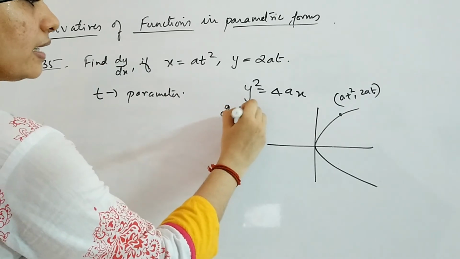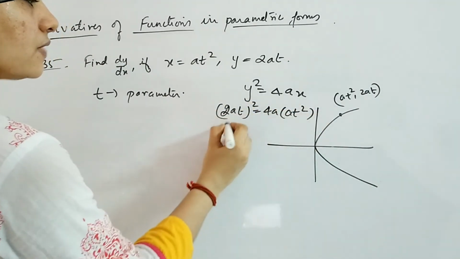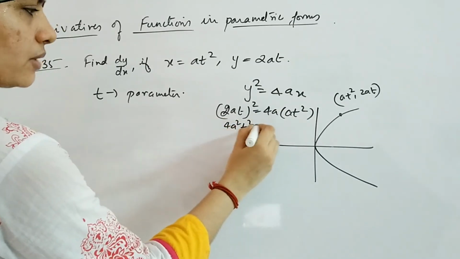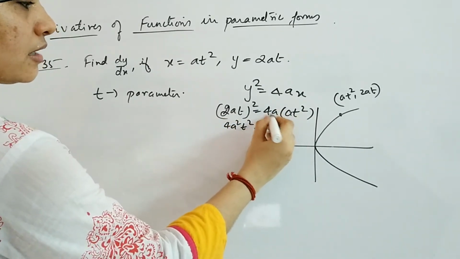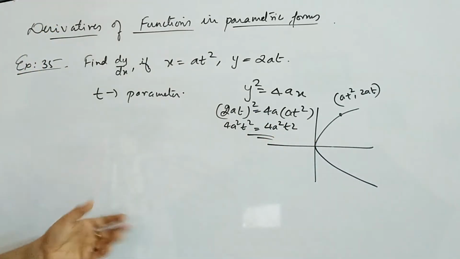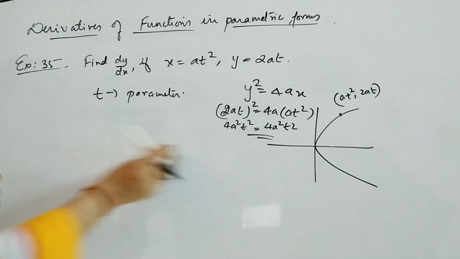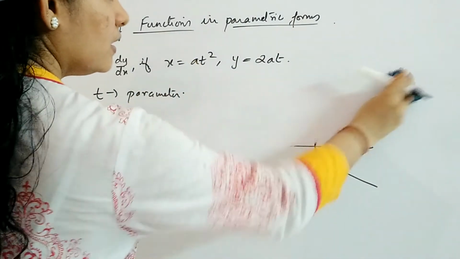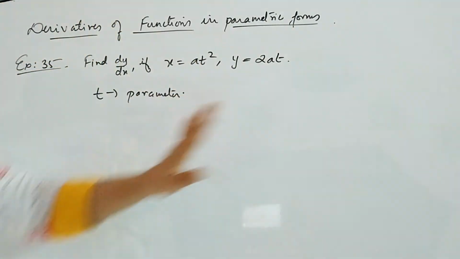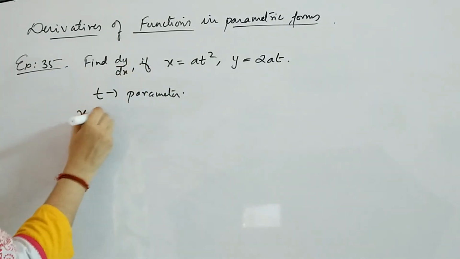You will get 2at the whole square is equal to 4a into at square, right? This will give you 4a square t square, and here you will get 4a into a square t square. So it is satisfying. Understood? So this is known as your parametric equations or parametric functions of the given parabola. Okay. Now we have to find out dy by dx.